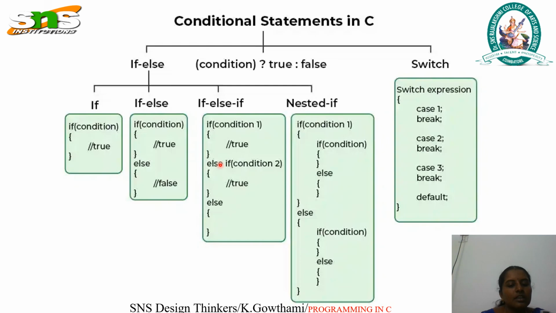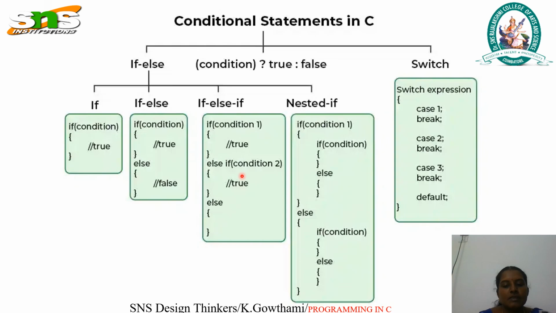In that else block, there is another if condition; if that condition is true, that true block will be executed. That is called the ladder if statement. Simply put, when an else block has another if else condition, that is called the ladder if statement. One if else has another if else, and as many if else statements like that is called the ladder if statement.